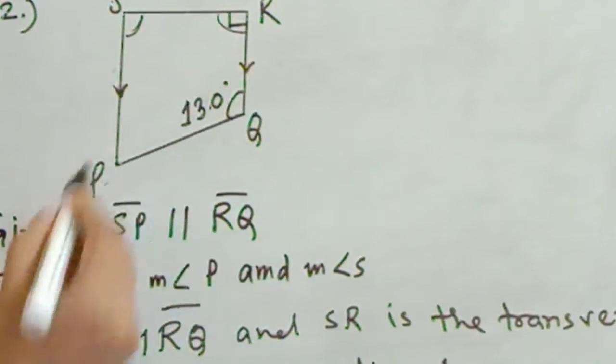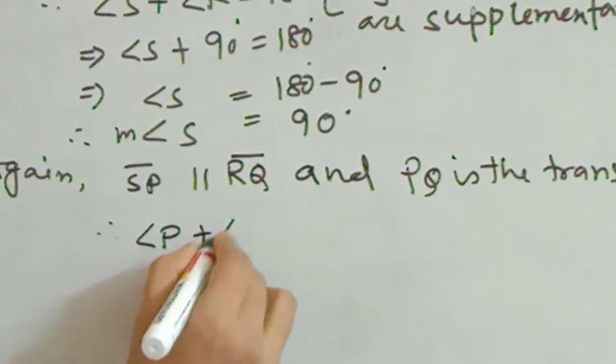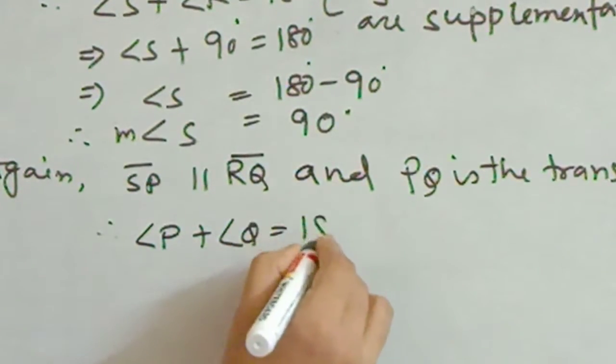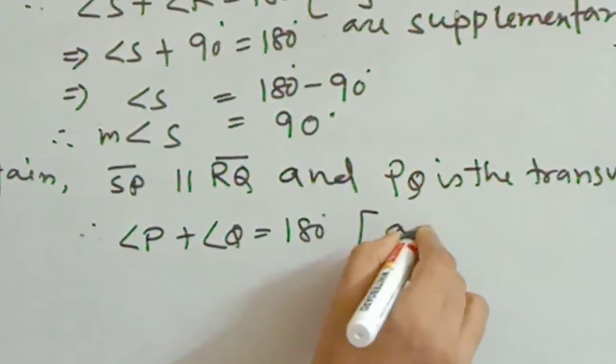Then angle Q and angle P: therefore angle P plus angle Q is equal to 180 degrees. Adjacent angles are supplementary.